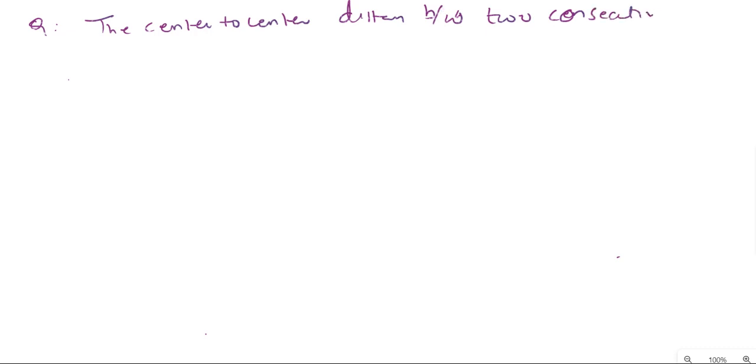Next question: the center to center distance between two consecutive rivets in a row is called what?